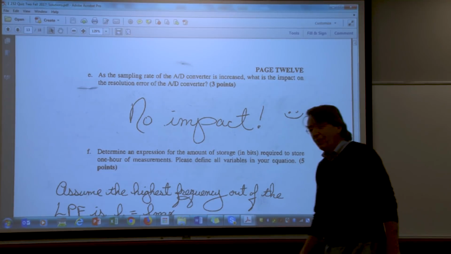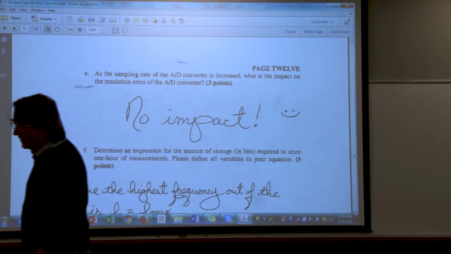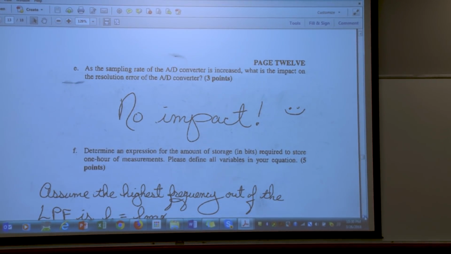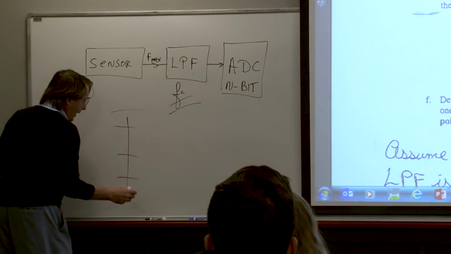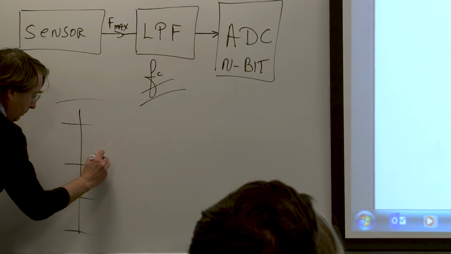The answer was no impact. The question is, as the sampling rate is increased, what's the impact on the resolution error? Remember, what's the resolution error? You have a ruler, and a sample comes here.